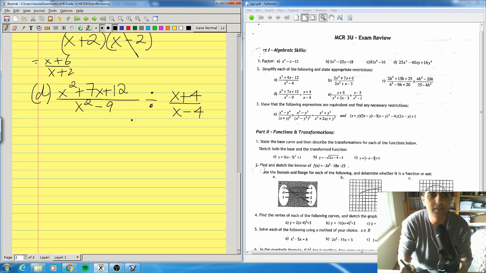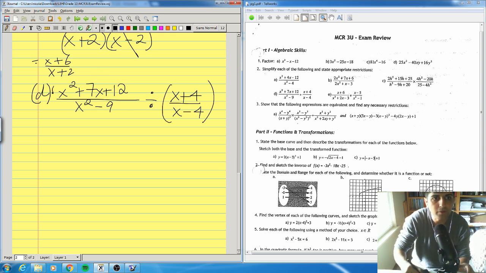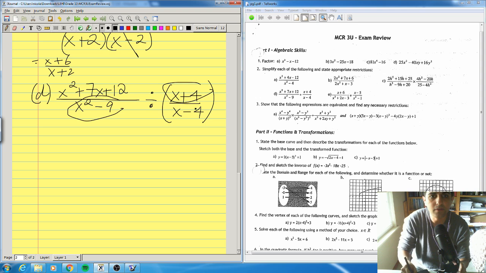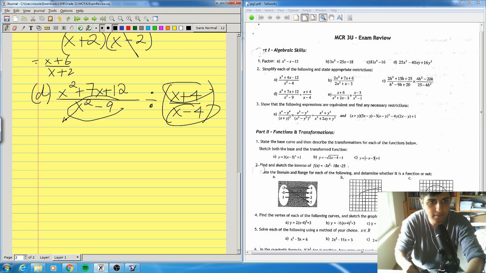Division means that this whole term is under this whole term. There are three potential restrictions we can think of: this can't be 0, this can't be 0, and this can't be 0. This is a difference of squares, so x cannot be equal to plus or minus 3. That's two restrictions.